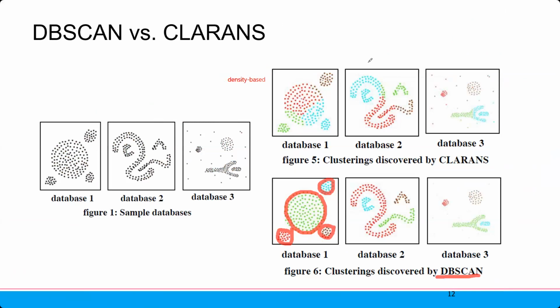If you look at the second picture, using CLARANS, it is separated. The blue color is here, the green color is here, the red color is here, and the brown color is here. However, with DBSCAN, it is in one cluster, each of them in one cluster.